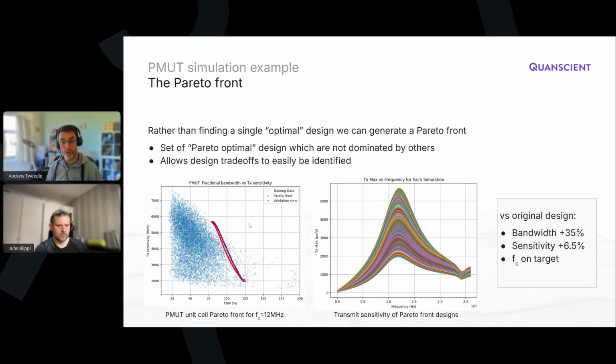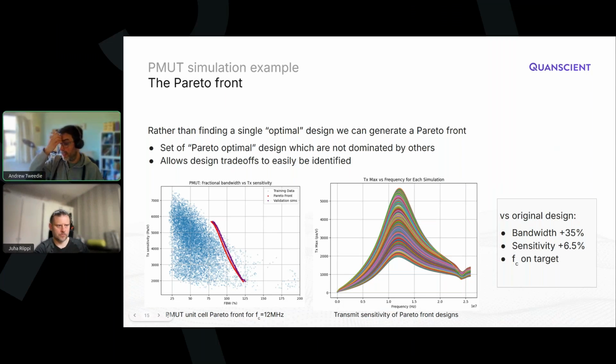We've used, again, through an agentic workflow, we've said, can you generate a large data set for AI surrogate model training? We've asked the agent to train an AI surrogate to predict these things.